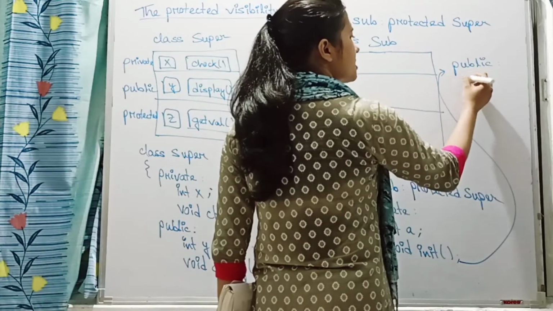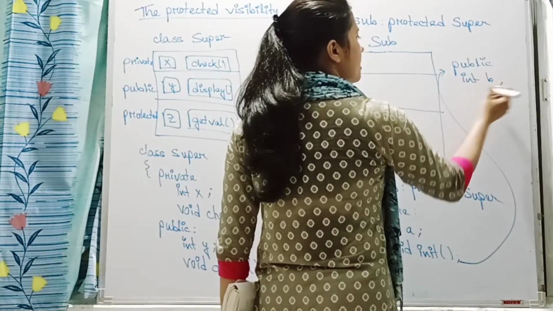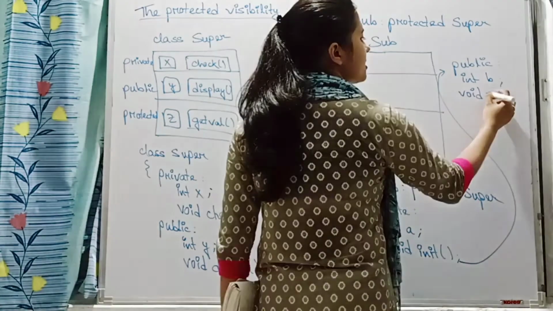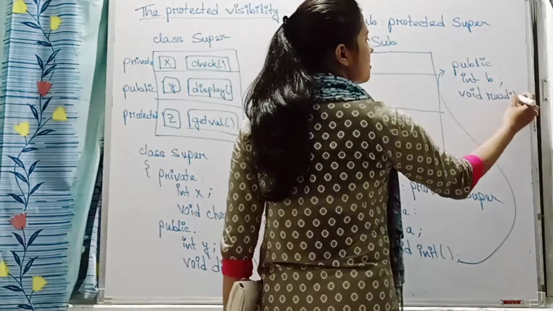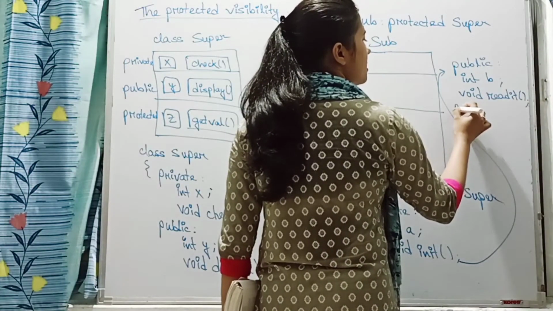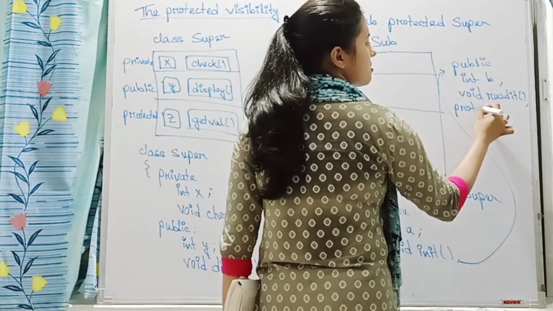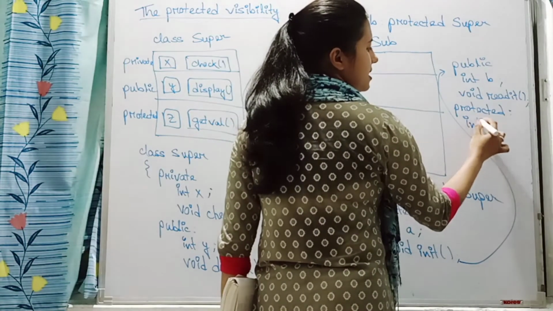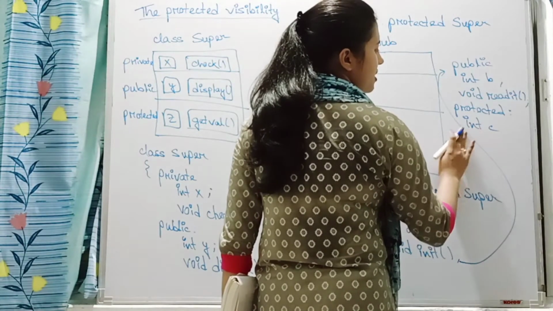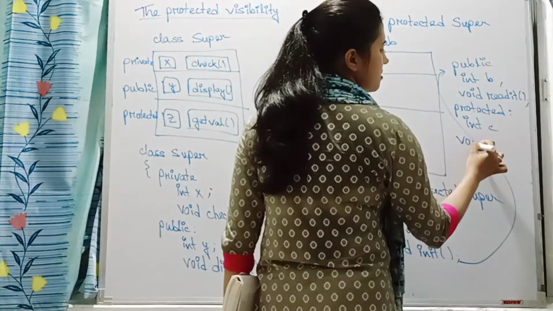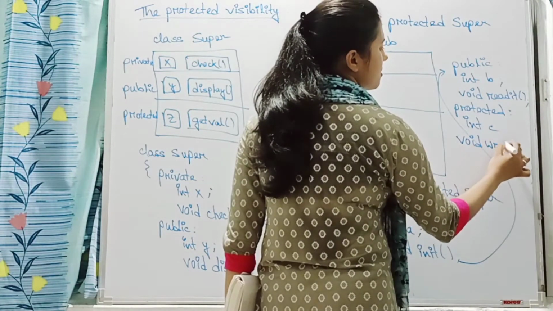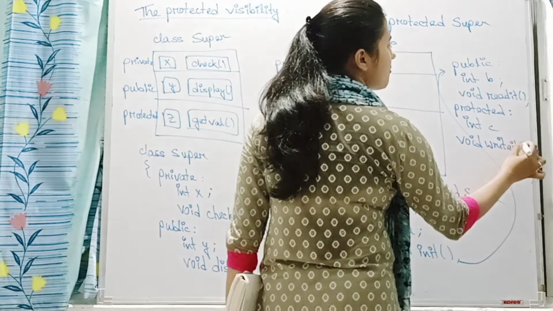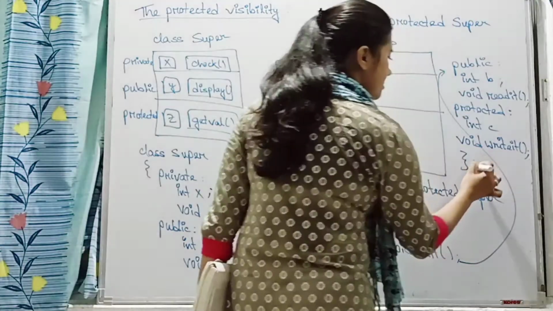Under the public section, data member is B and the member function is read it. Then under the protected section, data member is C and the member function is write it. Okay. So this is the definition of our subclass.